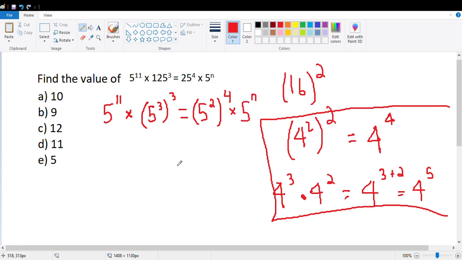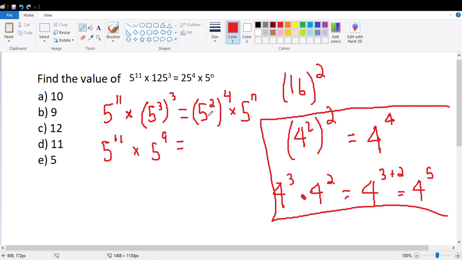Now we use the first rule, where we multiply the exponents. We get 5 to the 11th power times 5, and multiplying the 3 and the 3 gives 9, so we have 5 to the 9th power.